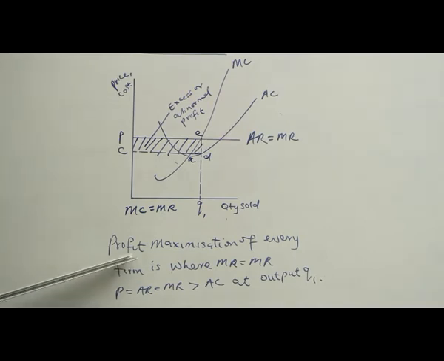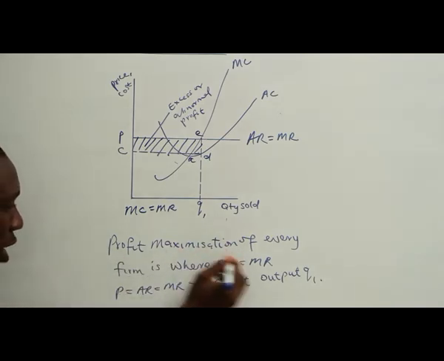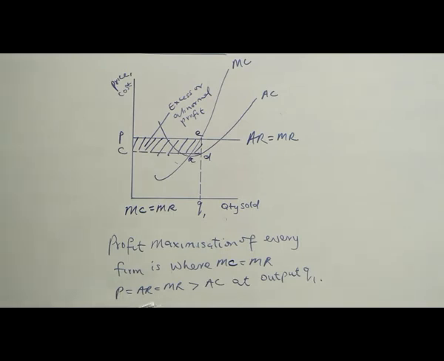Now, profit maximization of every firm is where MC equal MR. So that is P equal AR, right, equal MR greater than AC at output Q1. Or we say MC equal P equal AR equal MR greater than AC at point Q1.